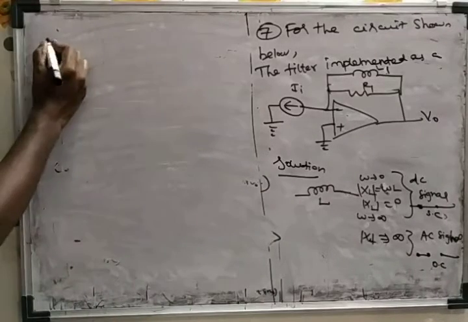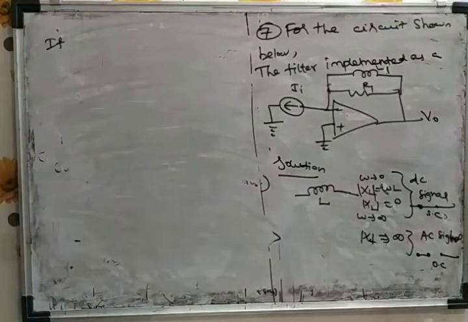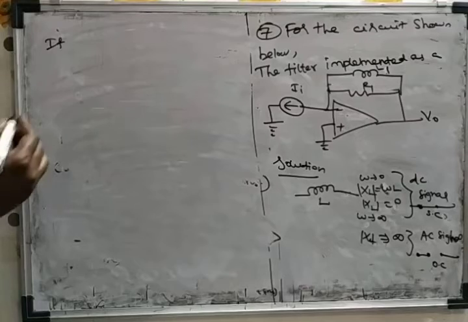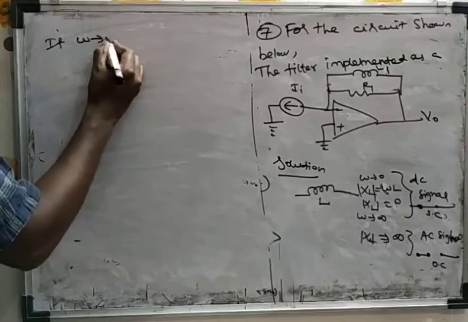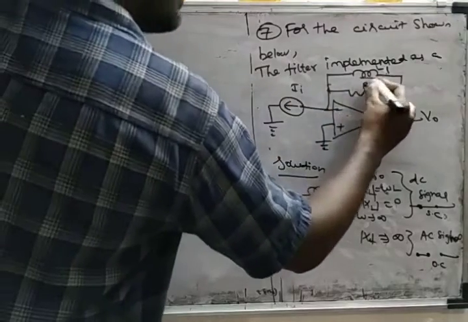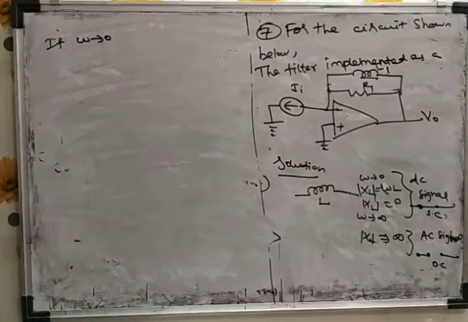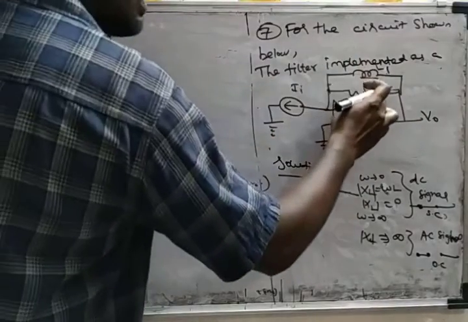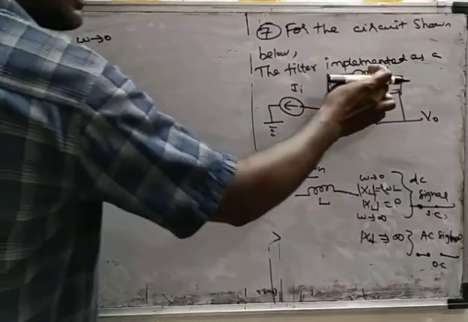So if omega is equal to 0, inductance will be short circuited, which means the parallel resistance R1 is also shorted.